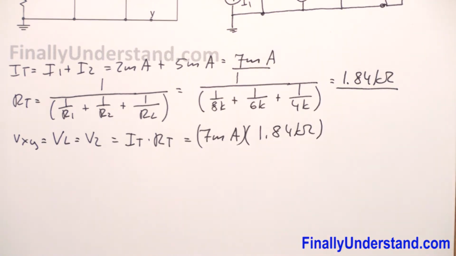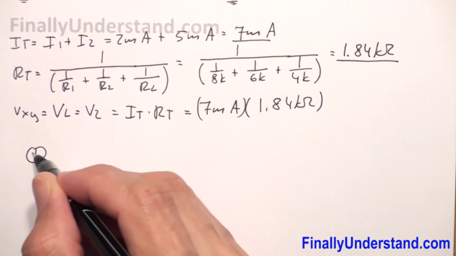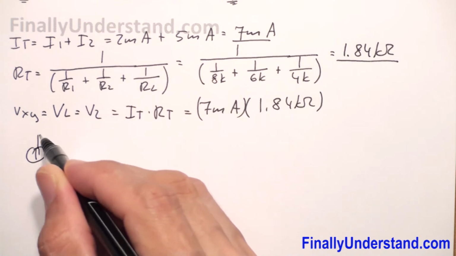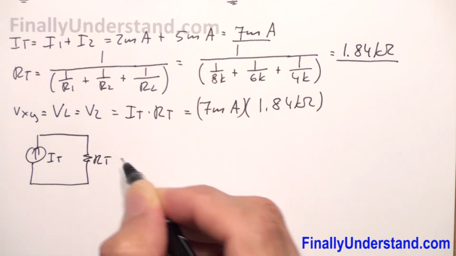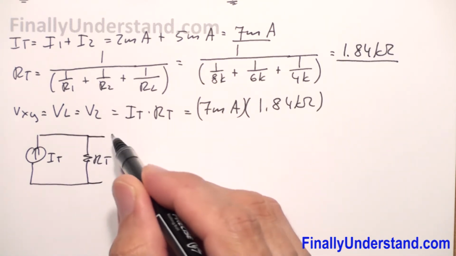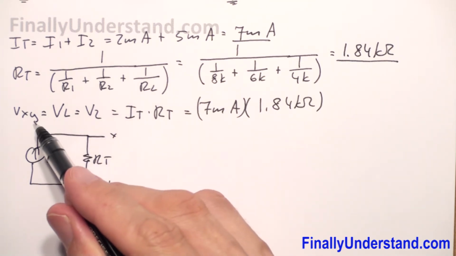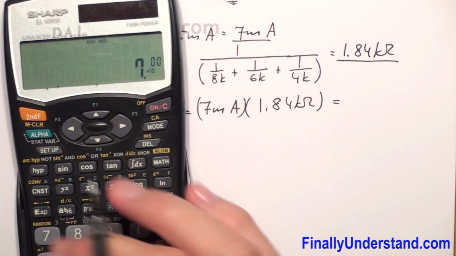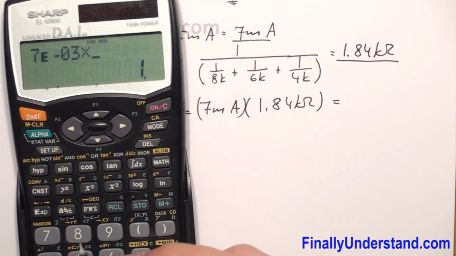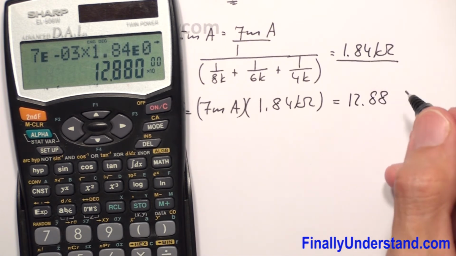Because my circuit, I would draw like this. This is my I total, and this is my R total. These are the terminals XY. So I total times R total will give me VXY. And this is equal to 7 times 10 to the negative 3 times 1.84 times 10 to the 3. This is equal to 12.88 volts.